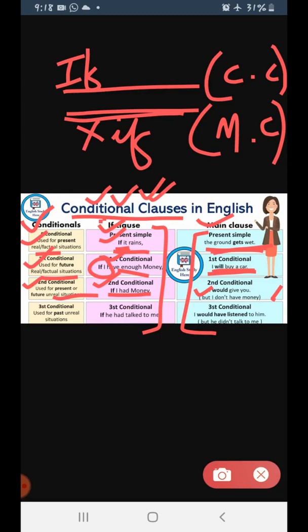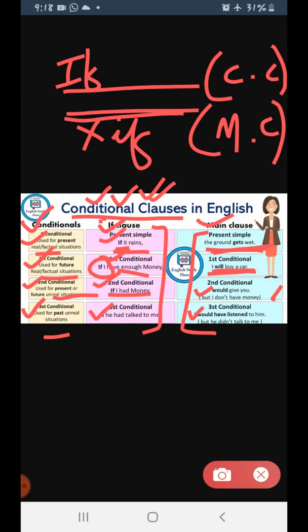Now the third one, the last, third conditional is used for past unreal situations. ठीक है, which is used for past tense. But unreal situation, that means the situation which is not real. So now let's see the example. If he had talked to me, I would have listened to him.